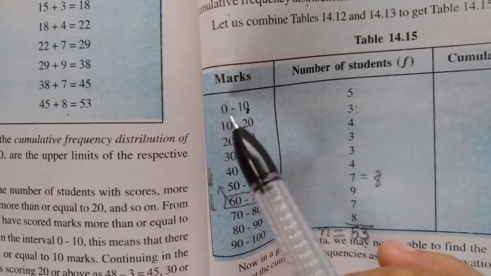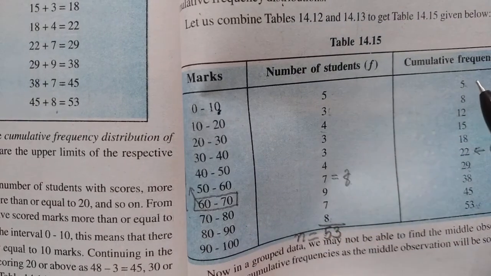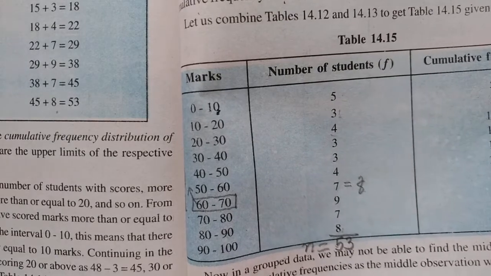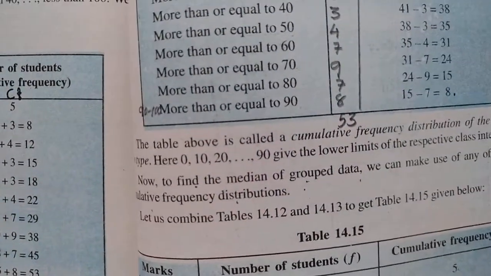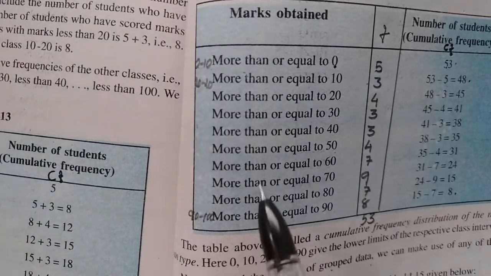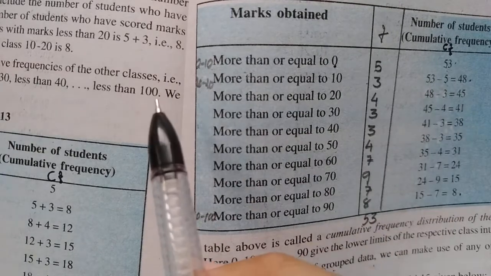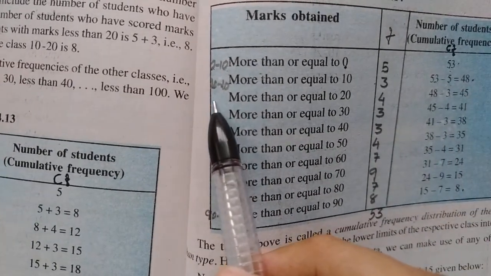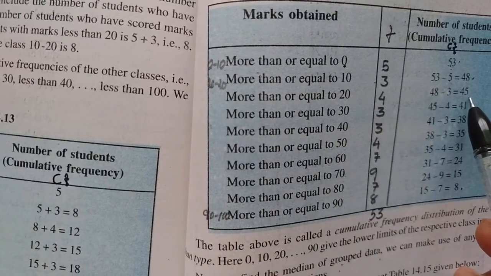From this table 0 to 10, so this is the lower limit and the corresponding cumulative frequency, children, we have to take. This other table is not useful, I was just showing you, but this is our table. So 0, so 53, 10, so here it is 48, next is 30 to 40, 45 CF.